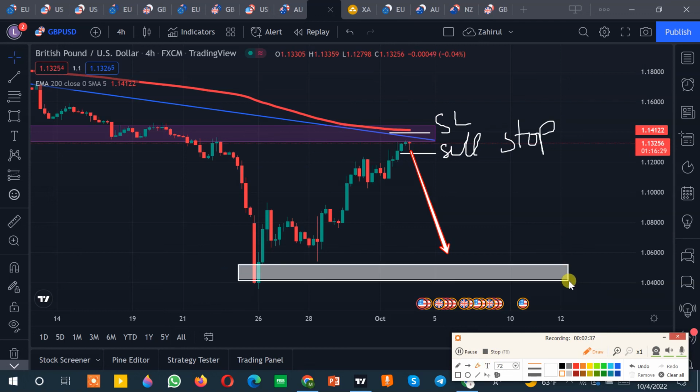After this level, it is our target. We can make target here also. So stop loss is very small, but target is very high. In this case, we can take entry without any tension.